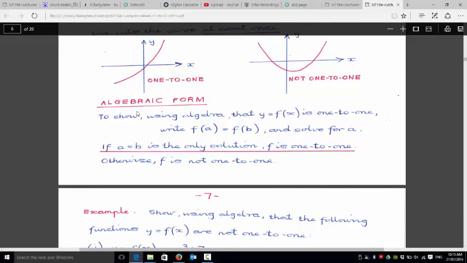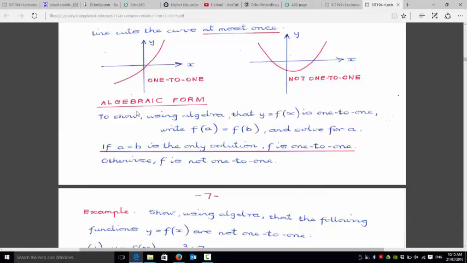How to prove a function to be a one-to-one function? Because sometimes it's very difficult for us to sketch a function, so that we may not be able to determine whether a function is one-to-one or not, because we cannot sketch it.